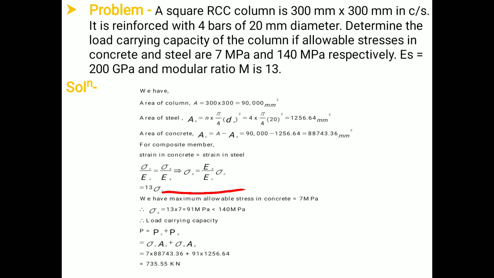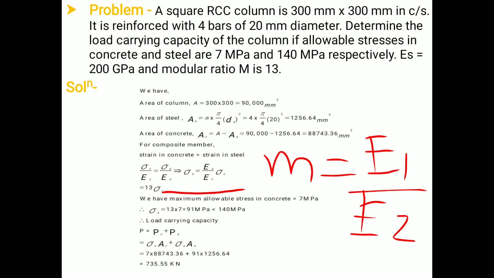The modulus of elasticity of steel is greater than that of concrete. The modular ratio M is equal to E1 upon E2, the ratio of modulus of elasticity of material 1 to material 2, so E1 is greater than E2.